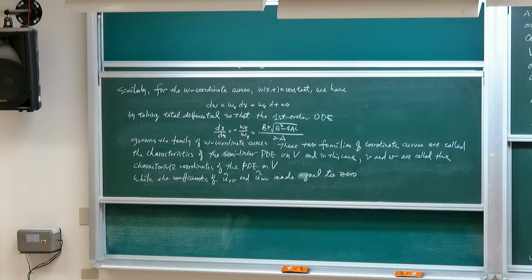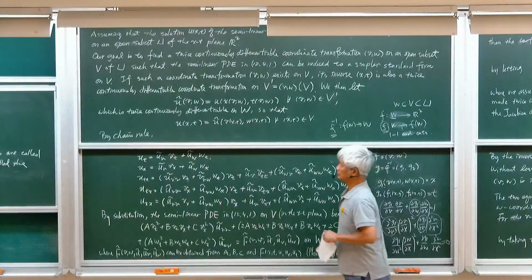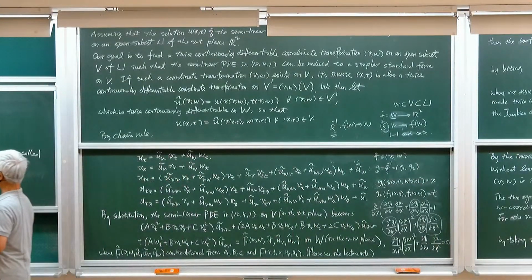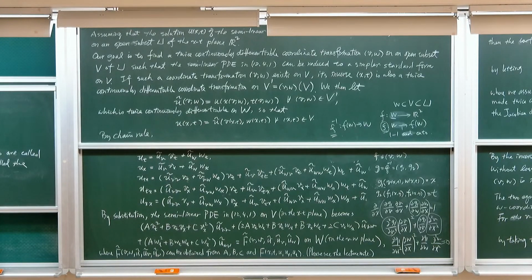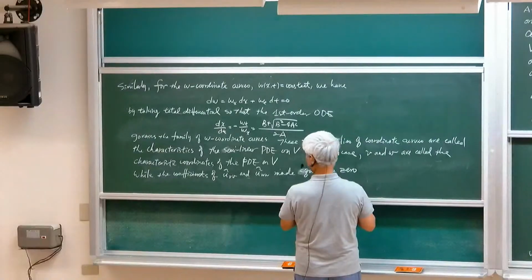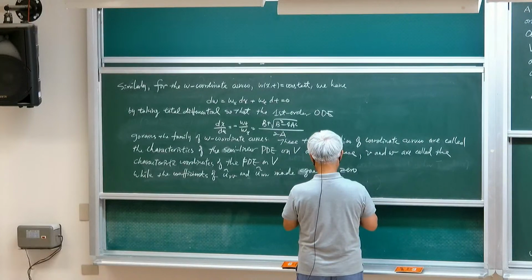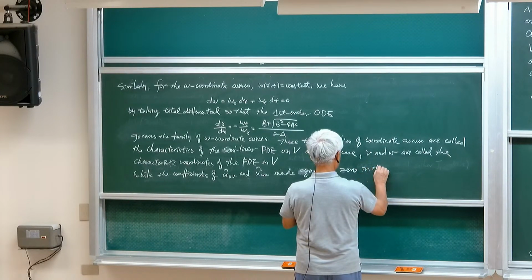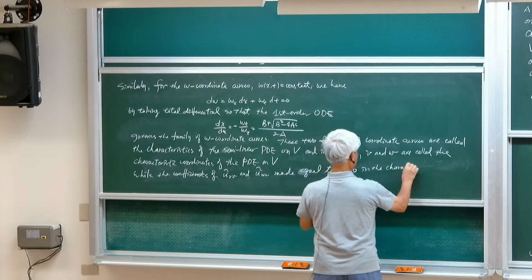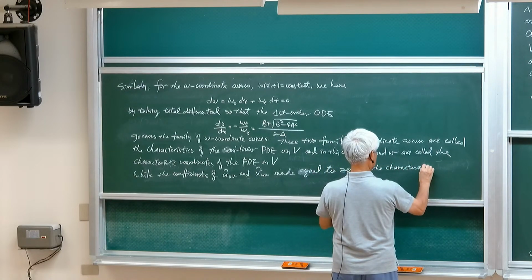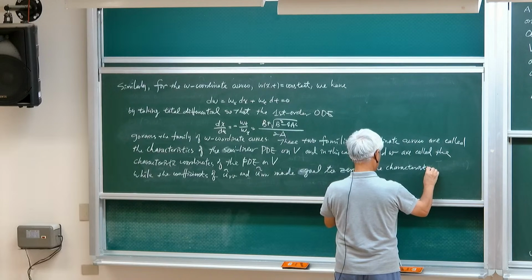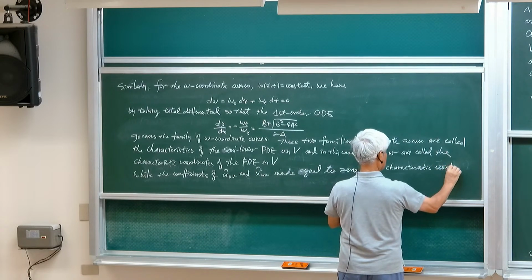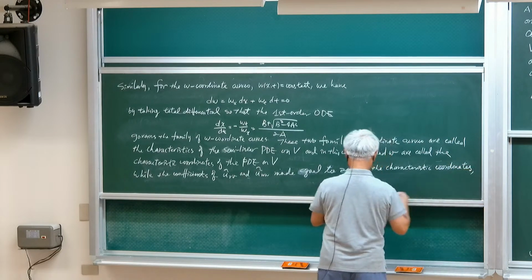Now let's look at the coefficient of the mixed second order partial derivative term in the characteristic coordinate. Okay.